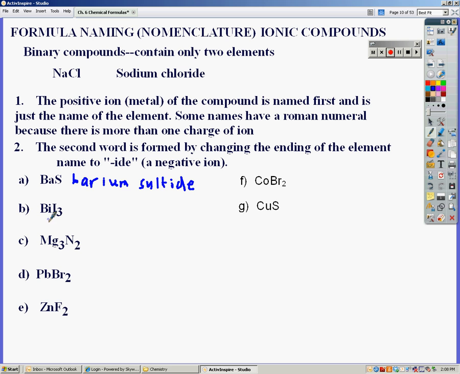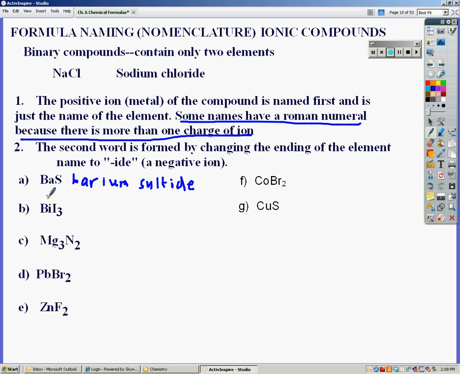So when that happens, you have to give it a Roman numeral. Okay, right here. Some names have Roman numerals because there's more than 1 charge of the ion. So we have to figure out what the charge is and then put that in its name. Okay, the easiest way to figure out the charge is to do a backwards crisscross.